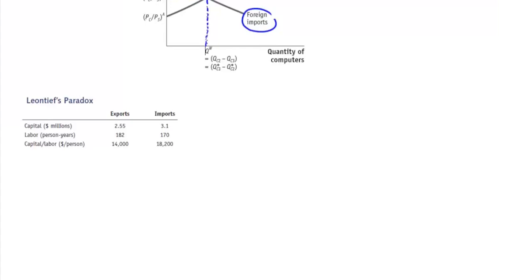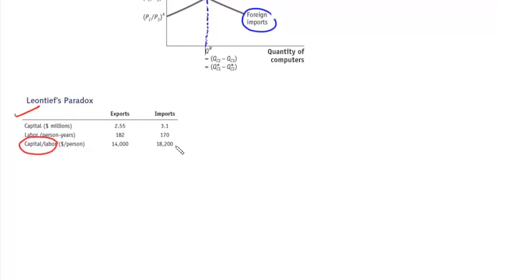In order to test the Heckscher-Ohlin model, Leontief measured the amount of labor and capital used in all industries to produce 1 million dollars worth of US exports and 1 million dollars worth of US imports. His results were given by this table. What was surprising in his test was the ratio of capital to labor.